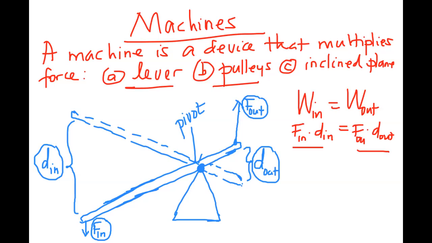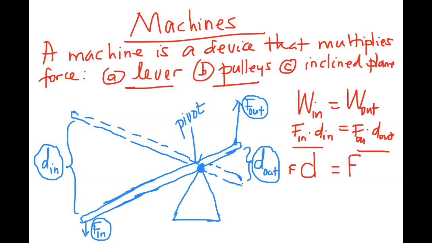Now, to make sure that we understand that a machine really multiplies input force, we can write the input force being small and distance is actually bigger. Let me just write a bigger D. I'm trying to visually show you that indeed the force input is small, whereas the distance is bigger. That must be equal to a larger force.